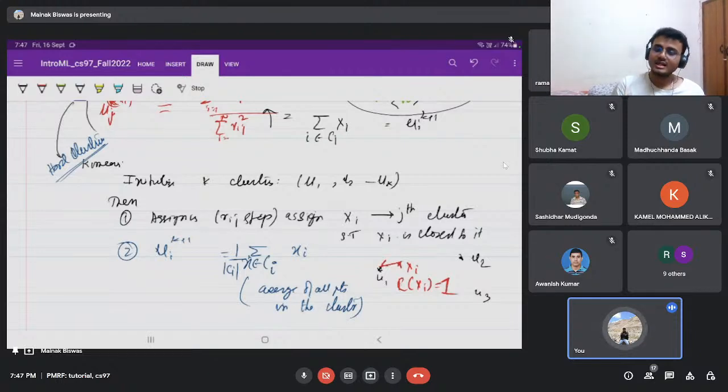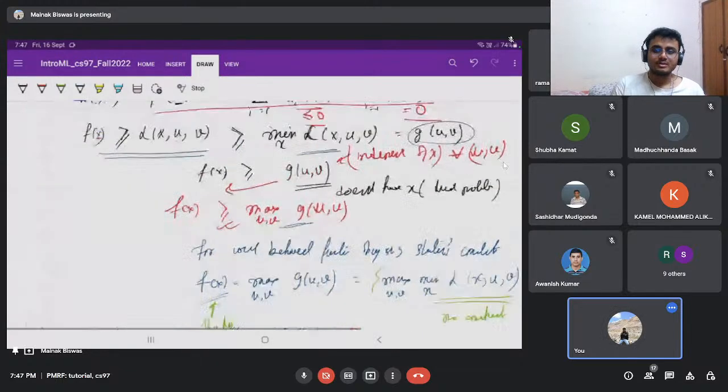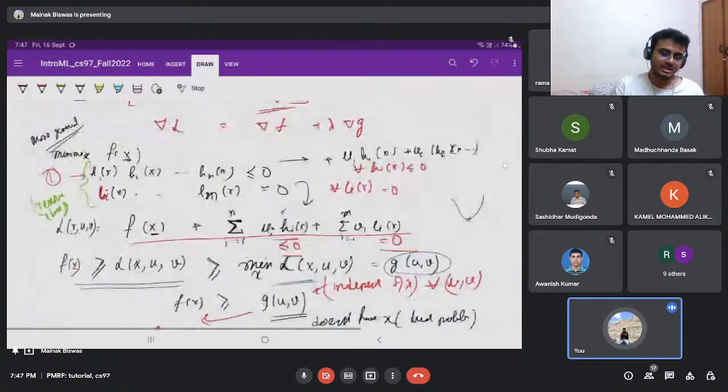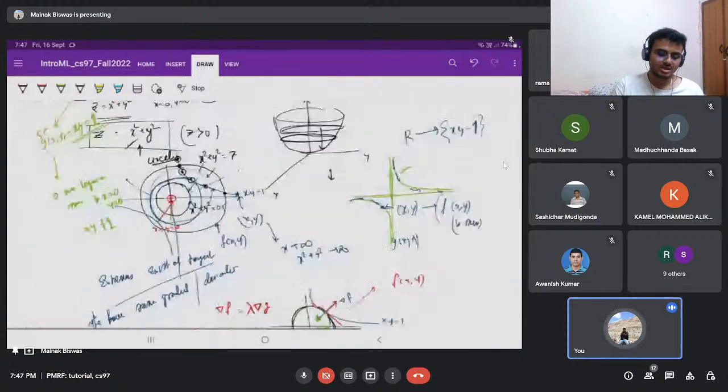So first of all, any questions with the soft clustering? Second, any question with the link between soft clustering and k-means? Otherwise, I'll be doing a solution on agglomerative clustering also, and then we'll be going to the coding problem. So there's another type of clustering. I see there are no questions.